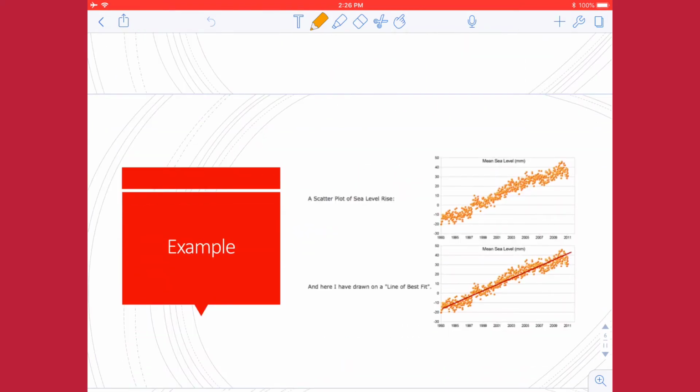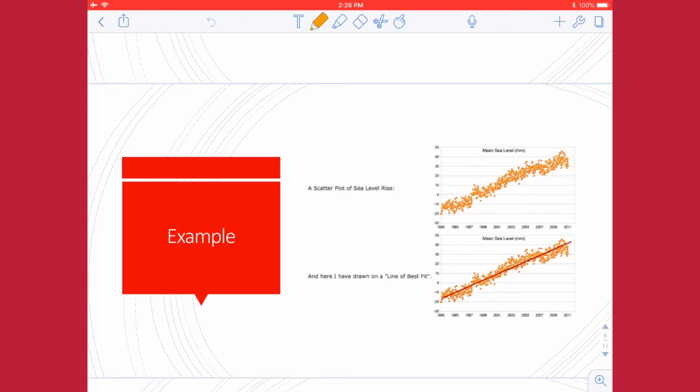So I have an example here, a scatter plot of sea level rise, and I've drawn the line of best fit. You see there's a ton of different points, and all these different points are not touching that line, but the idea is that this line is representing a good amount of those points so that it can be a good representation for predicting things in the future.